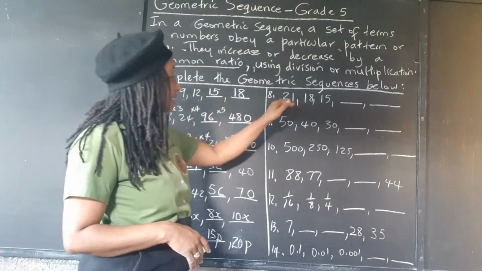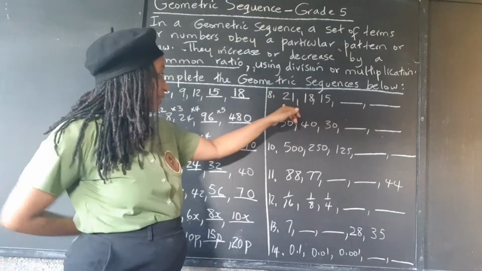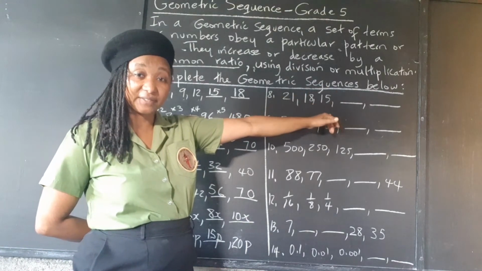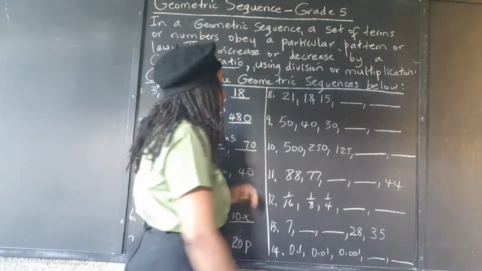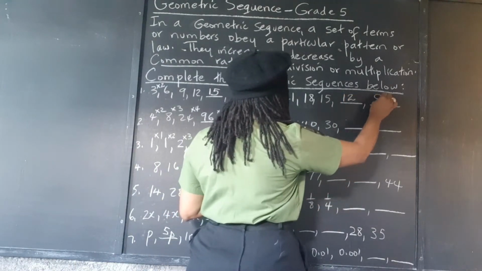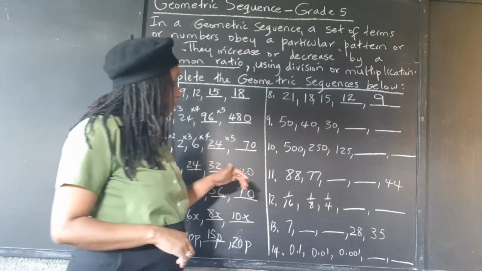So looking at this, I'm seeing the 3 times table. So we have 3 sevens 21, 3 sixes 18, 3 fives 15. So now we need 3 fours 12 and 3 threes, which is 9, because it's descending, getting less.